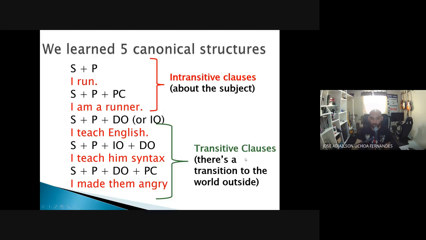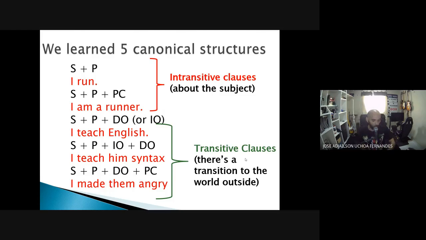Now, transitive. There's a relationship with an object. I teach my students about syntax. So I have a relationship with the students. I voted for this or that candidate. So there is a relationship established between me and the candidate.